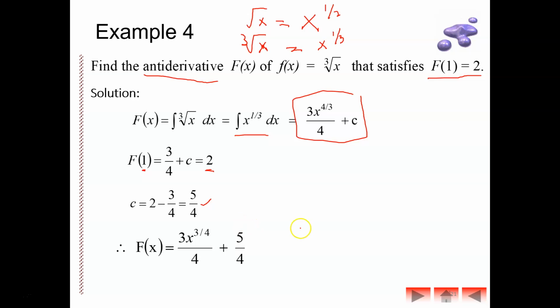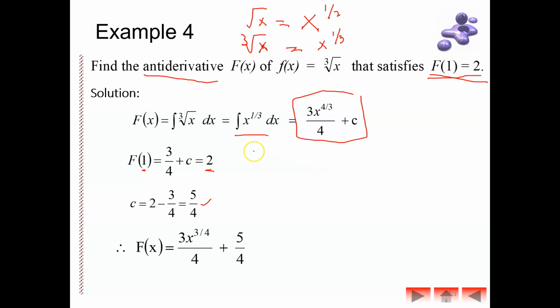So you get your C constant. Previously we only had plus C, plus C, plus C. We don't know the value of C. So now for this question, you have the chance to obtain the C value because there is a condition given over here.